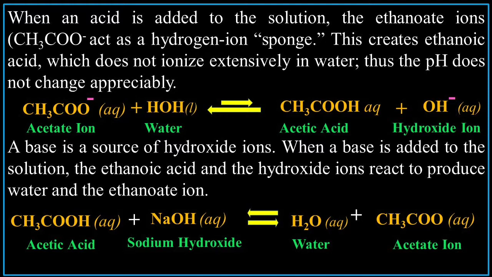So the acetate ion plus water yields acetic acid plus the hydroxide ion. The base is a source of hydroxide ions. When a base is added to the solution, the ethanoic acid and the hydroxide ions react to produce water and acetate ion. Acetic acid plus sodium hydroxide produce water plus the acetate ion.